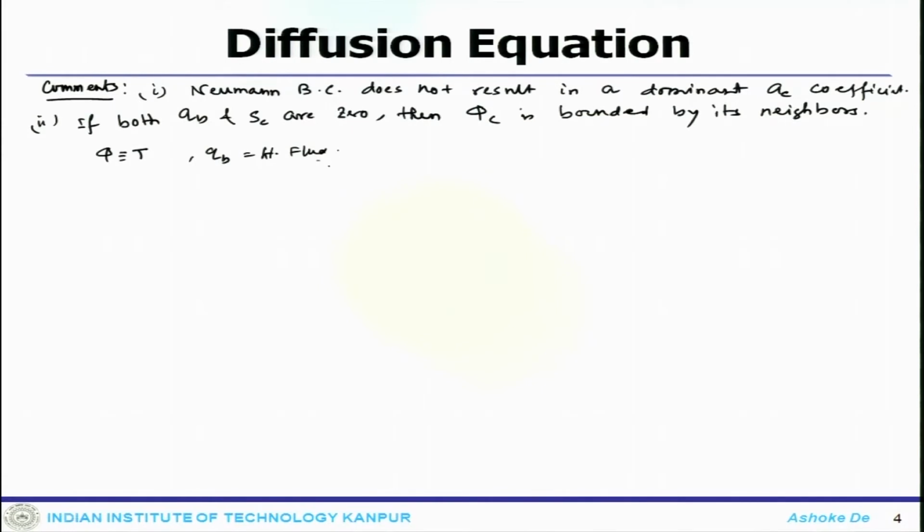So, that is what it says, that whatever information you have, accordingly they would be bounded.